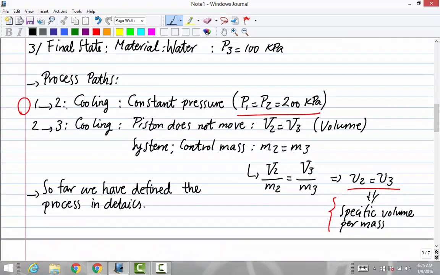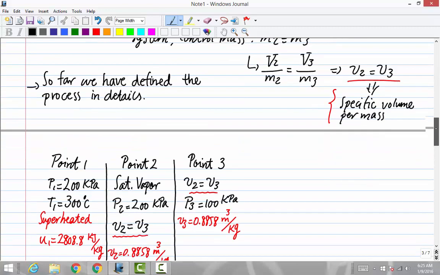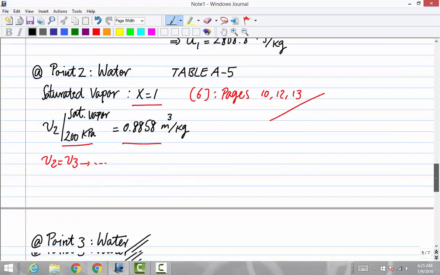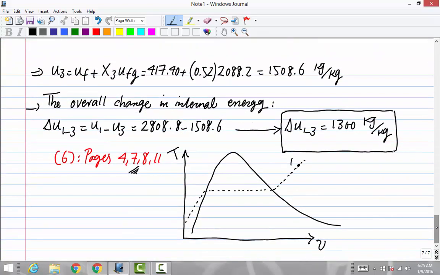From point 1 to point 2, we cool at constant pressure until we get to point 2, where we are at a saturated vapor. This is again why this table helps. So at point 2, we know that we are on this black curve.